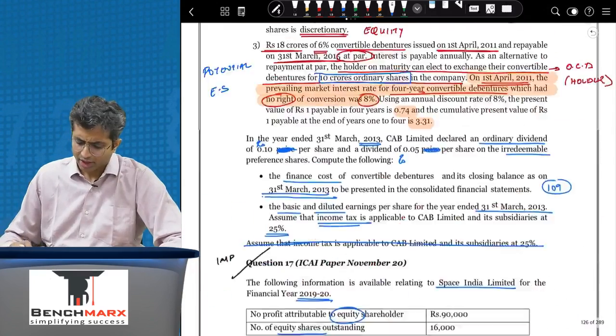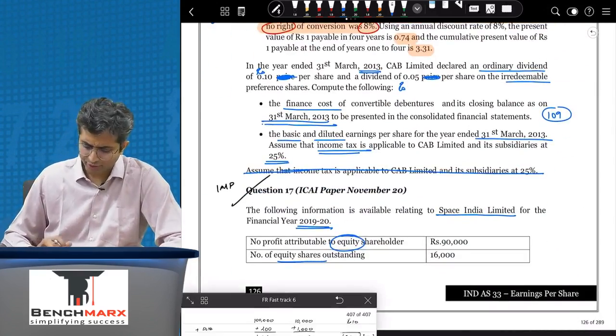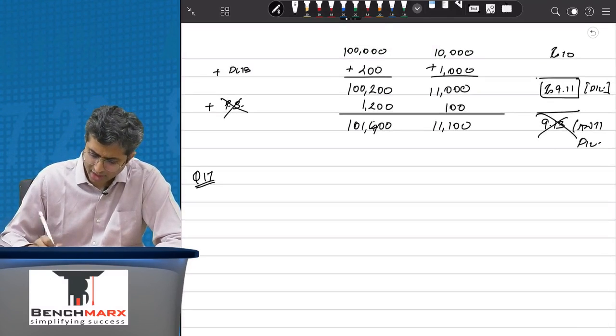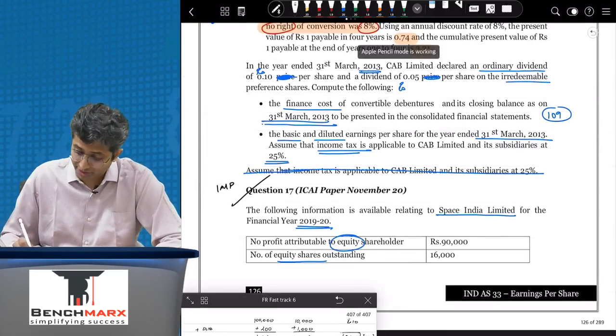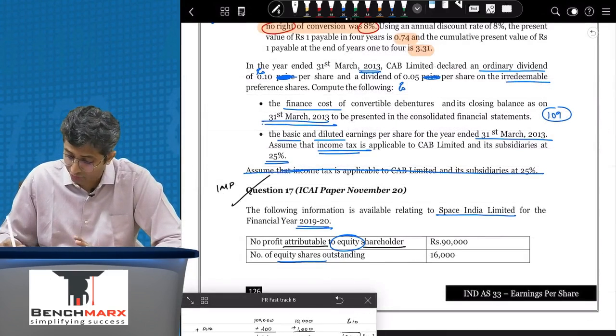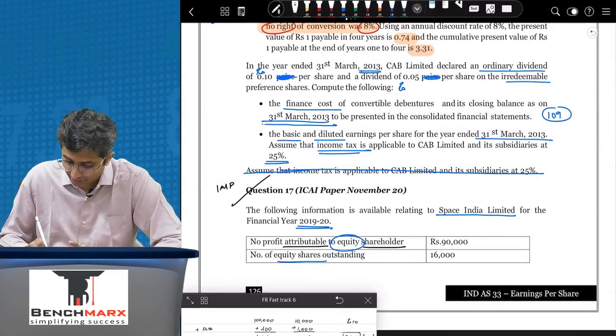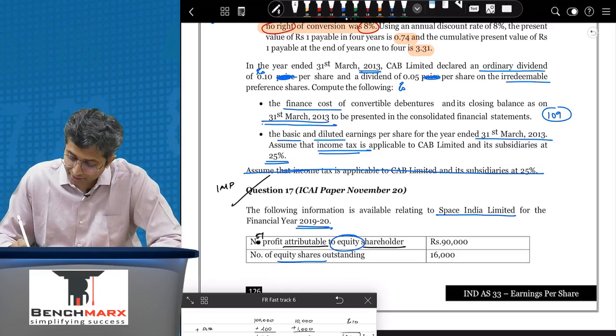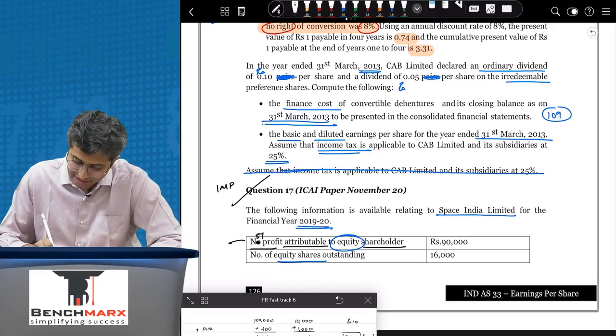Okay, if you have gone through the question, you have to calculate the basic EPS. Basic EPS will be calculated as the net profit available to shareholders. The question tells you this is net profit attributable to equity shareholders. This is not just net profit. This is net profit attributable to equity shareholders, which is 90,000. Remember, if it is just net profit, it has to be after interest.